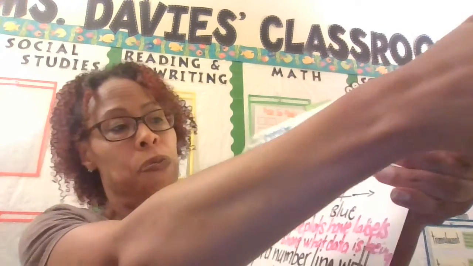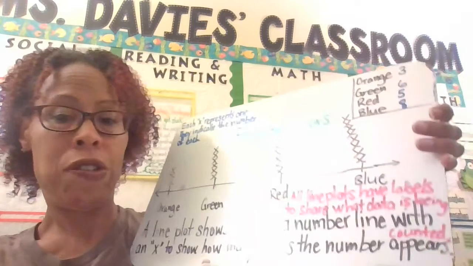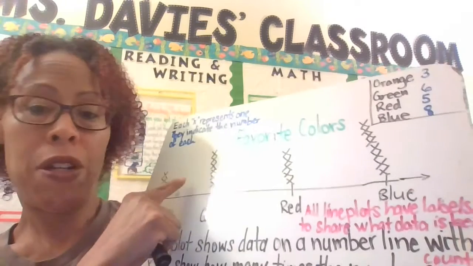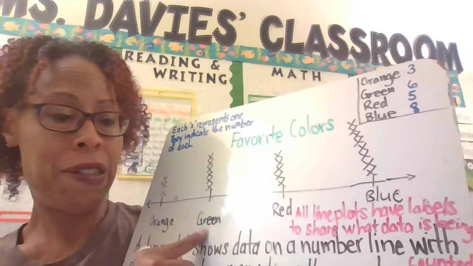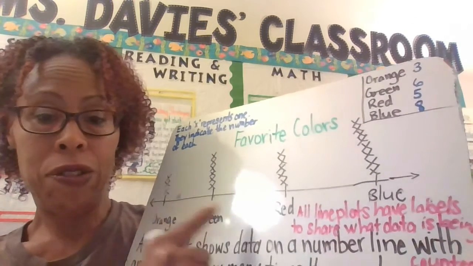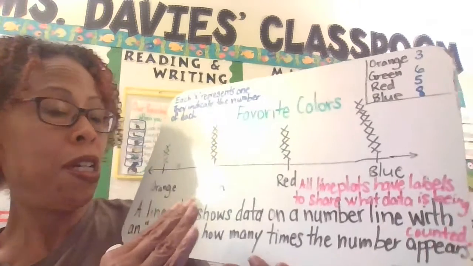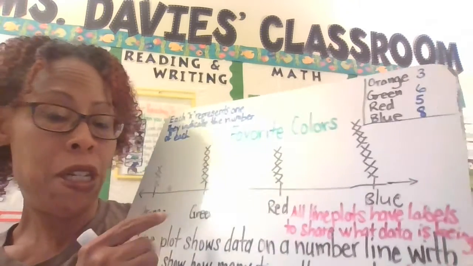All right, so just as we did with the bar graph, you want to make sure that you space, in this case, the colors out, or whatever the labels are, so there's spaces in between.